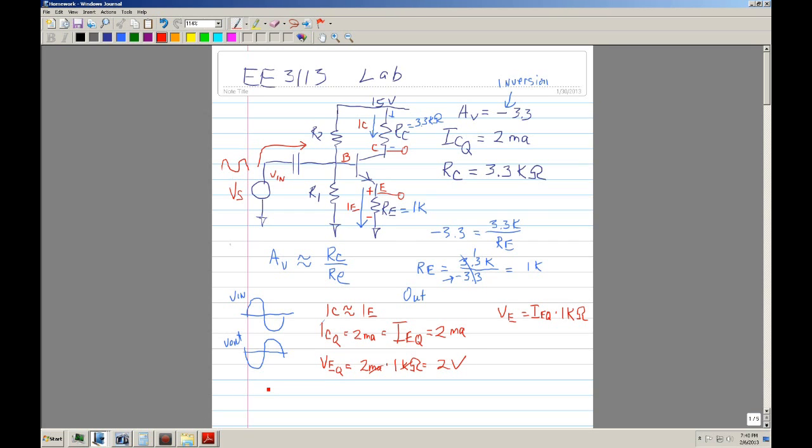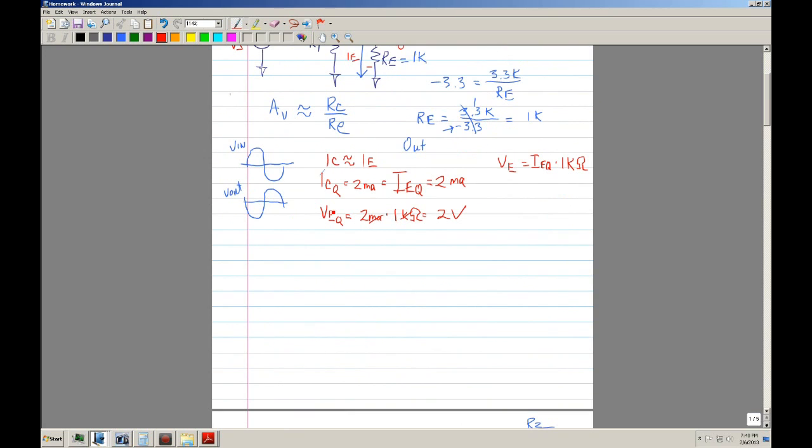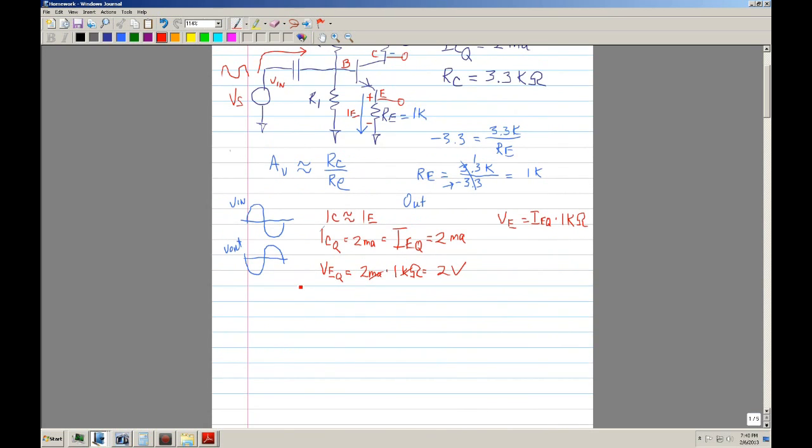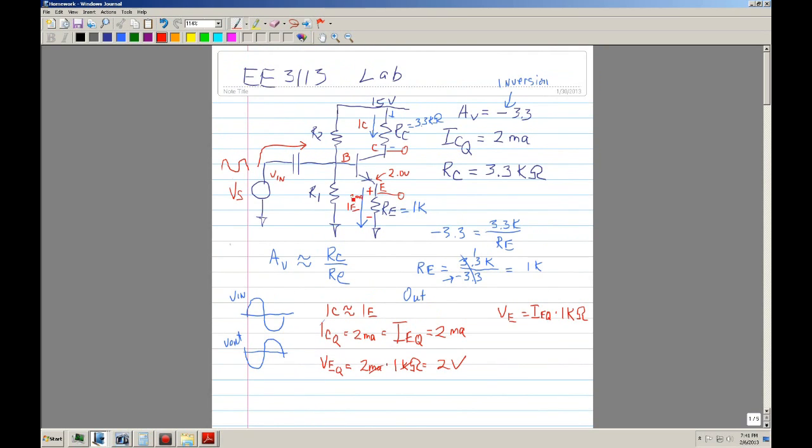So for 2 milliamps to flow, you need 2 volts right there. And if you have 2 milliamps flowing here, you're going to have 2 milliamps flowing there.